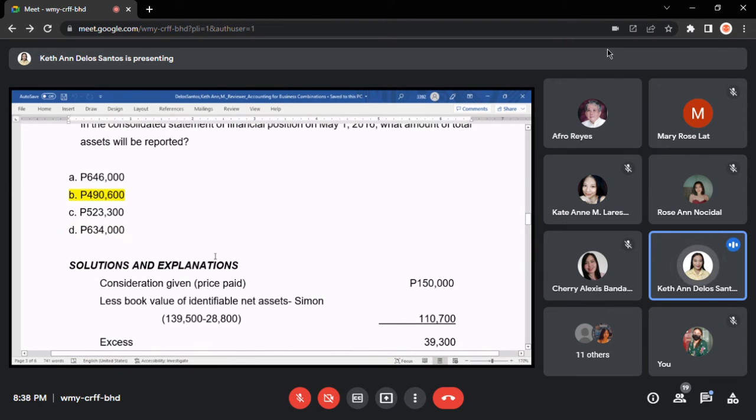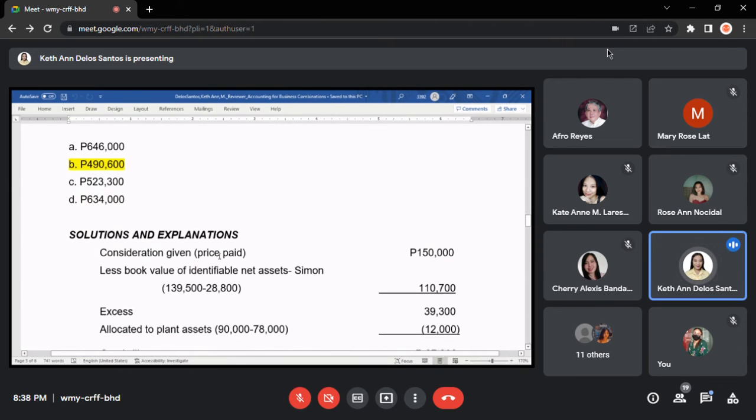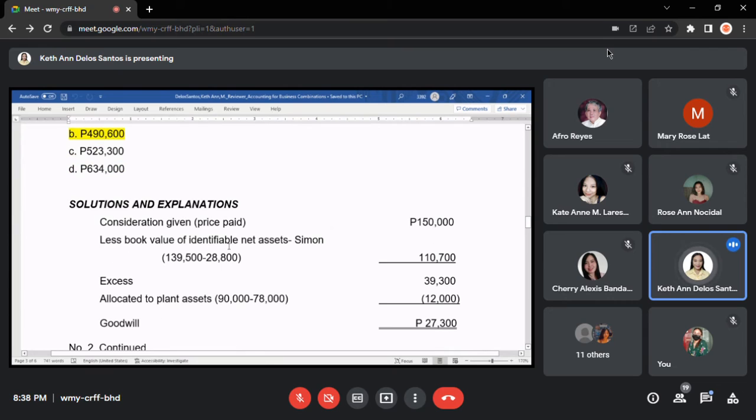Solution and explanation. Consideration given or price paid 150,000 pesos less book value of identifiable net assets of Simon, which is 139,500 minus 28,800.